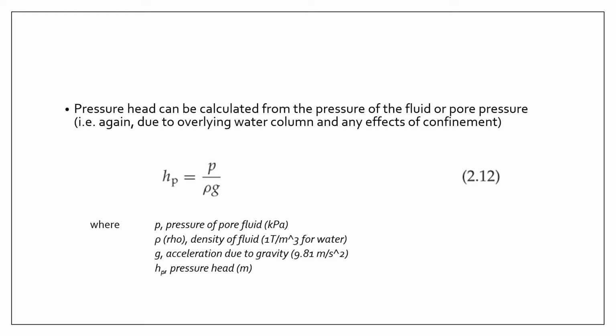So H sub P, or pressure head, is equal to the pressure of your pore fluid, P, divided by rho, the density of the fluid, times g, the acceleration due to gravity. Note this quantity rho times g is just your gamma, the unit weight of water.